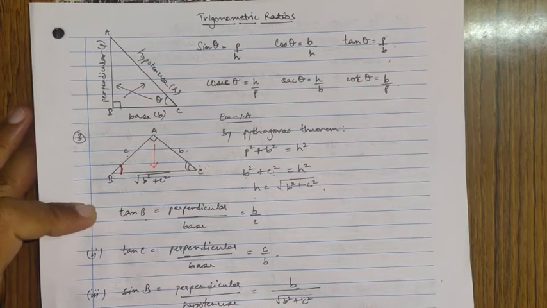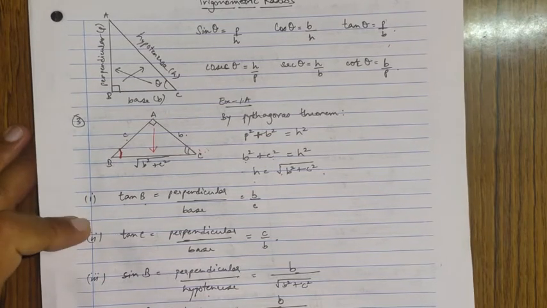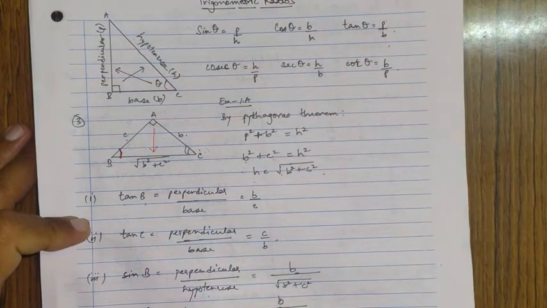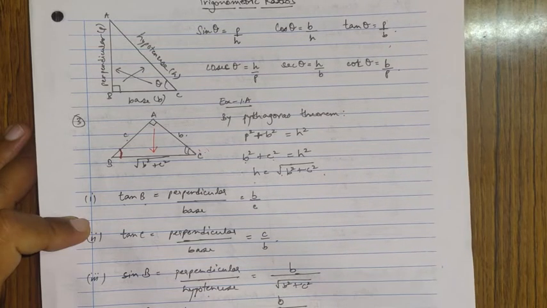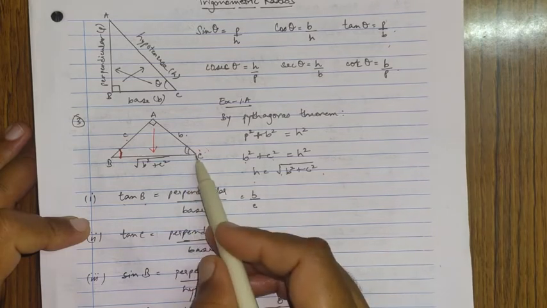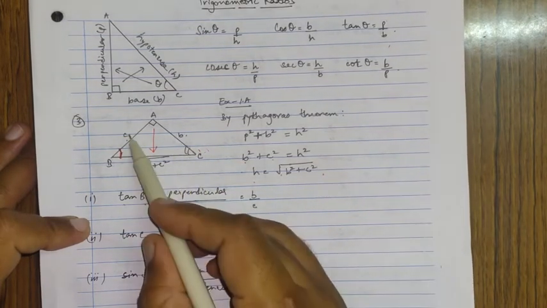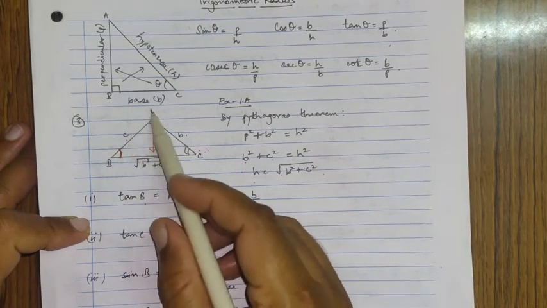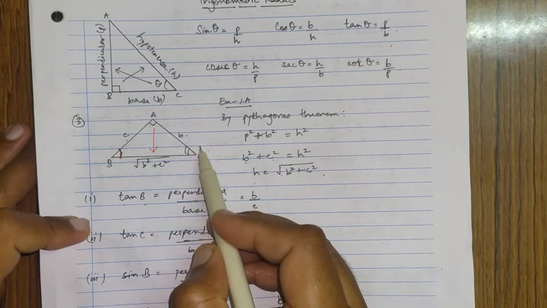Similarly, for the last part, that is cos C, as we know, the cos ratio is formed of base upon hypotenuse. But again, we have to judge the sides, perpendicular and base, with respect to the angle at vertex C. The side opposite to this angle, that is AB, will be considered as the perpendicular, and the other side will be the base.